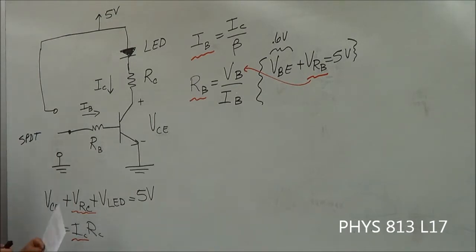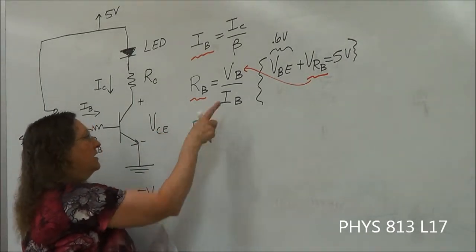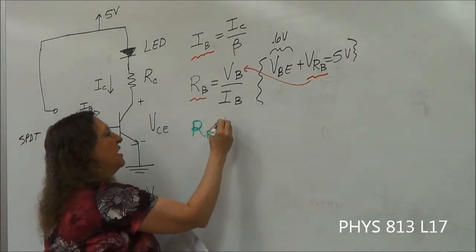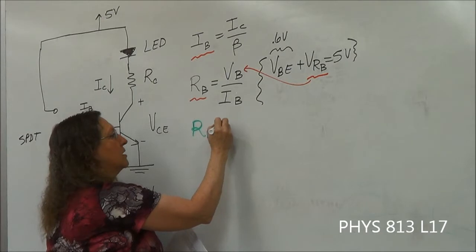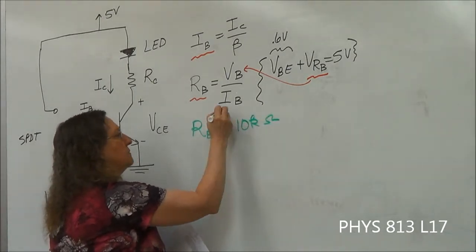Now, what I will tell you is that if you get all the arithmetic done right, you're going to find that this is a little bit less than 10 kiloohms.